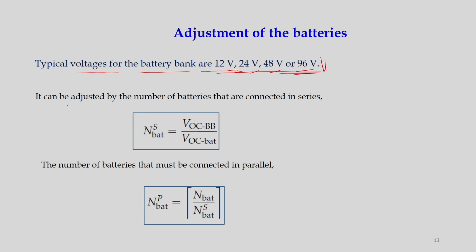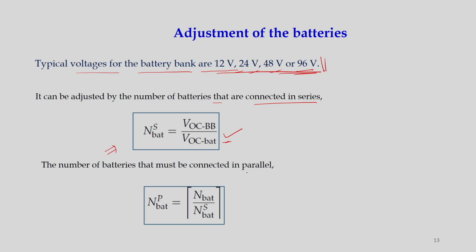So, it can be adjusted by the number of batteries connected in series. If we have to connect batteries in series, then we need to follow this strategy. If we know the open circuit voltage of the battery bank and the VOC of the batteries, then we can calculate the number of batteries to be connected in series.